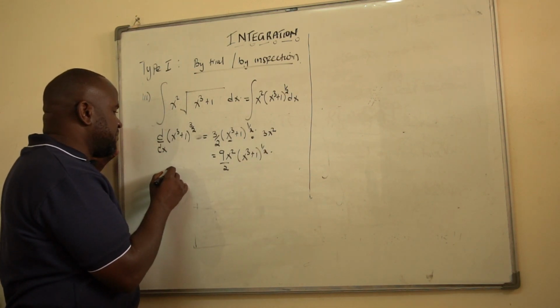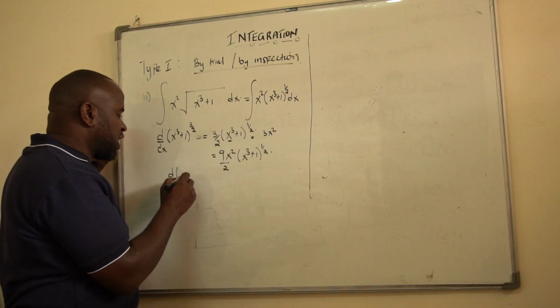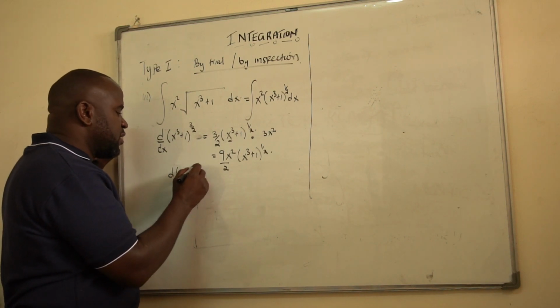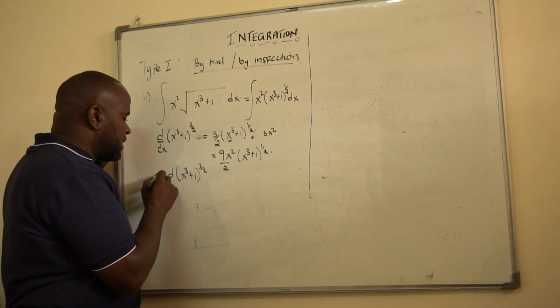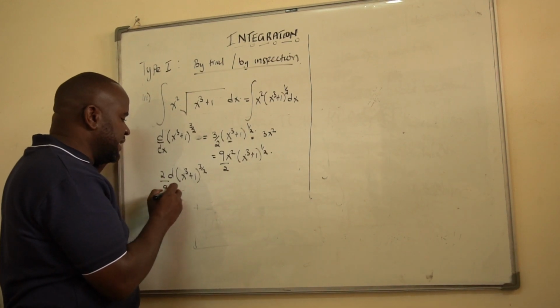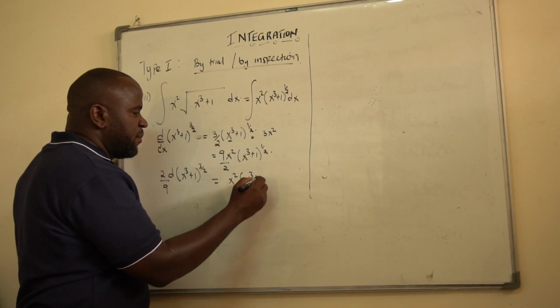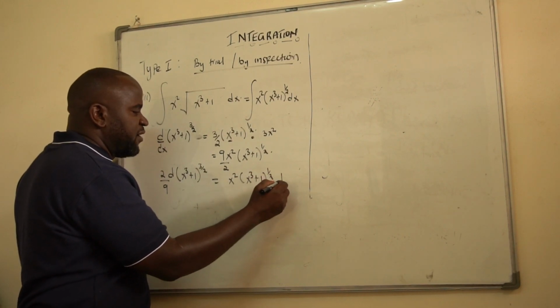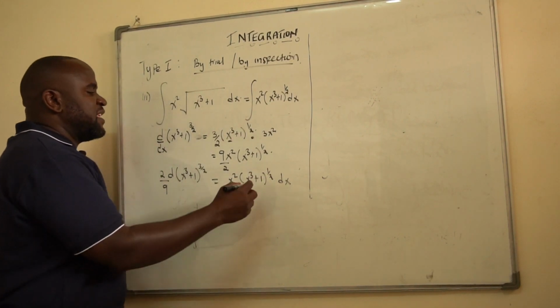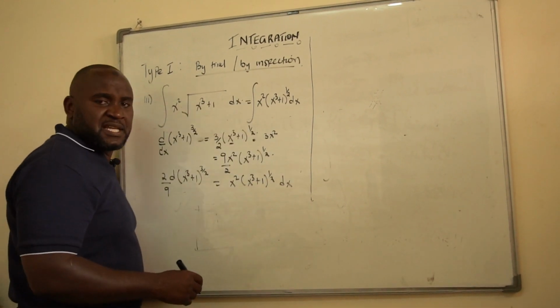When I make them the subject, I will have x cubed plus 1 to the power 3 over 2 times 2 over 9 is going to be x squared of x cubed plus 1 to the power of a half with respect to x. This is exactly what the question is stating.